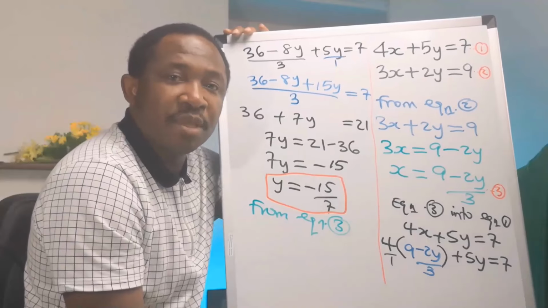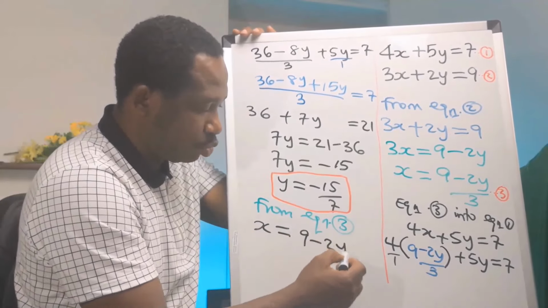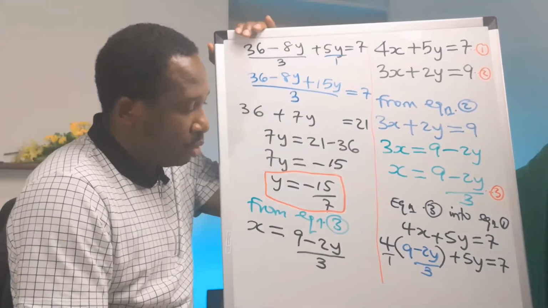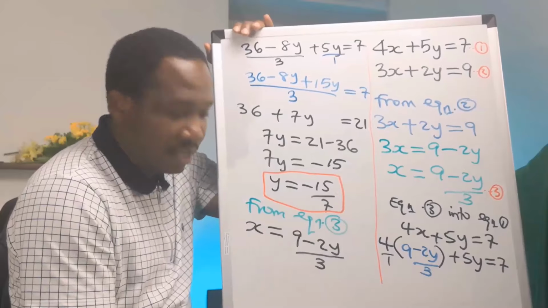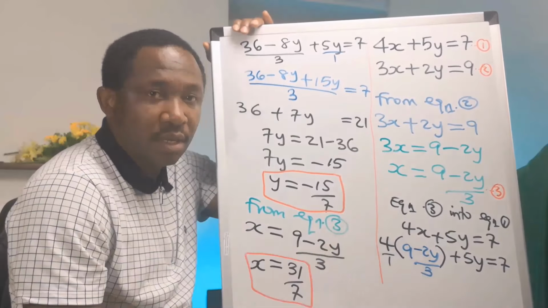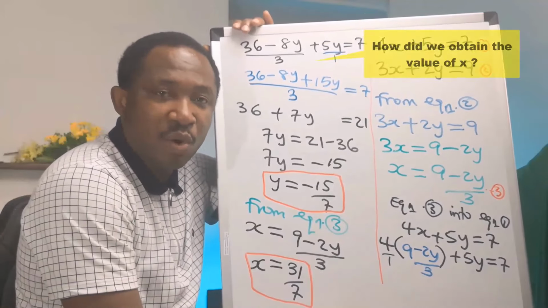Next, from equation 3, x is 9 minus 2y divided by 3. We are going to substitute y equals minus 15 over 7 into equation 3, and you are going to have that x is 31 over 7.